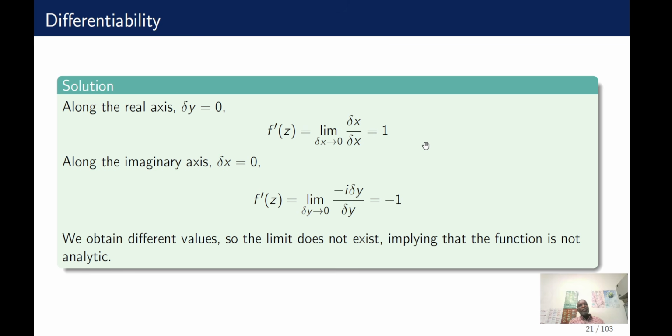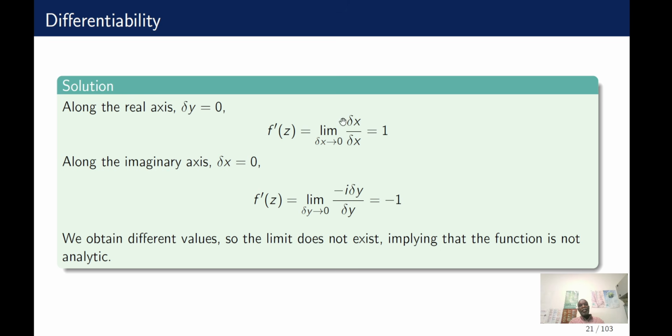The easiest way to check if a limit is going to exist is to check along the axis. So if you check along the real axis, you substitute delta y equals 0, and you get delta x over delta x.